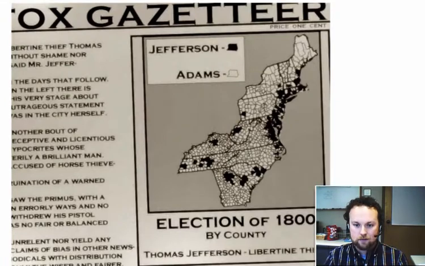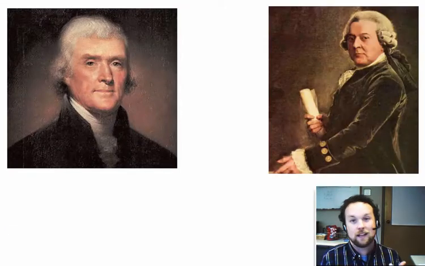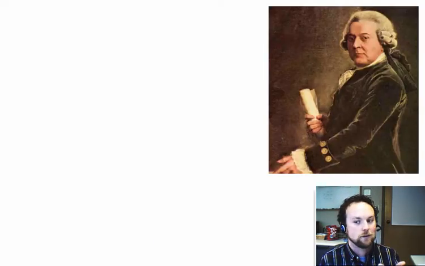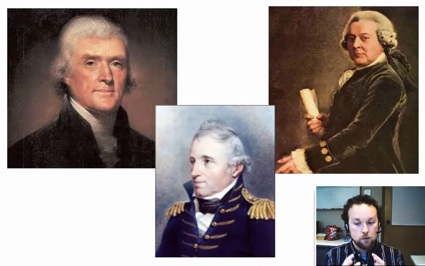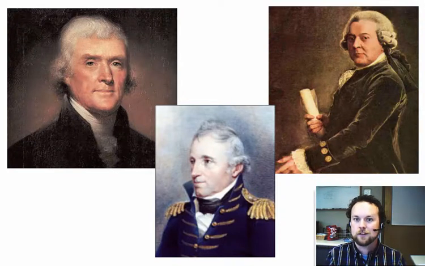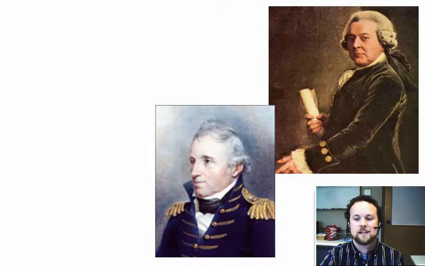And the race was really between Thomas Jefferson, John Adams, and Thomas Pinckney. Jefferson as a Republican, Adams running as a Federalist, and Thomas Pinckney was also running as a Federalist. The Republicans won the popular vote, and that was due in part to this split that had occurred in the Federalist Party.